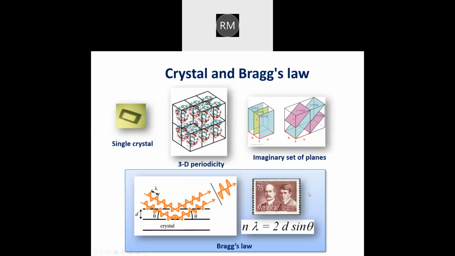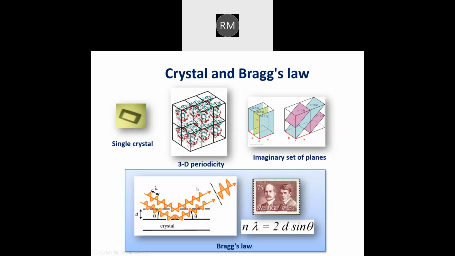So when the X-rays fall, it is basically some kind of imaginary planes. This is a unit cell and you can see the imaginary planes there.